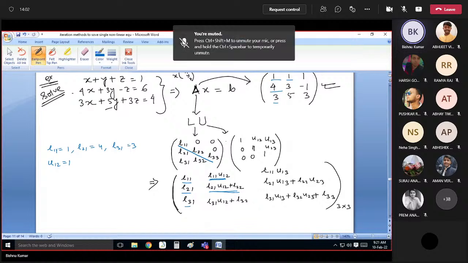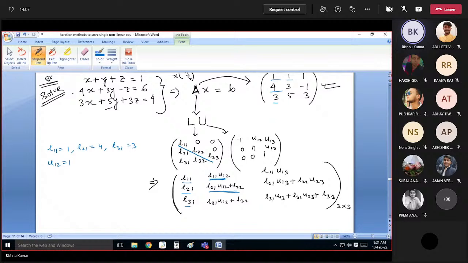And that is why, if you consider L diagonal elements variable, then you should consider U diagonal 1, 1, 1. Otherwise, you may consider L diagonal 1, 1, 1. That time, U diagonal you will consider variable: U11, U22, U33. In some books or other sources, you may sometimes see the LU decomposition method with U diagonal elements considered variable.